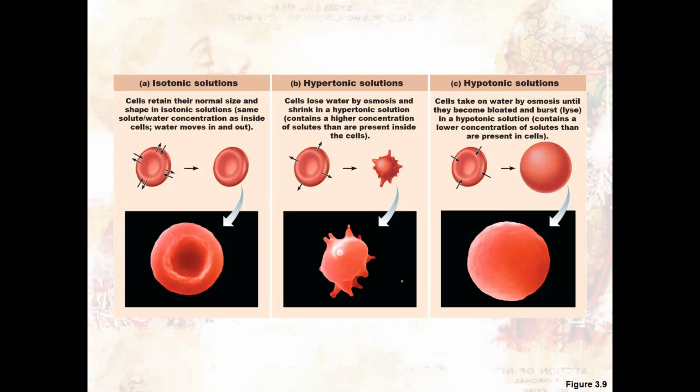In a hypertonic solution, water will leave the cell. In a hypotonic solution, we get the opposite situation. Now, there's nothing outside the cell. There's still stuff inside the cell, so water comes in. The cells take on water, and they will eventually explode. So in a hypotonic solution, the cell swells up.